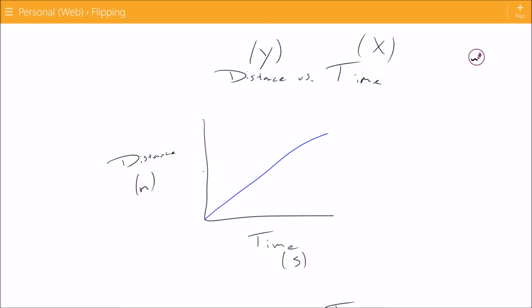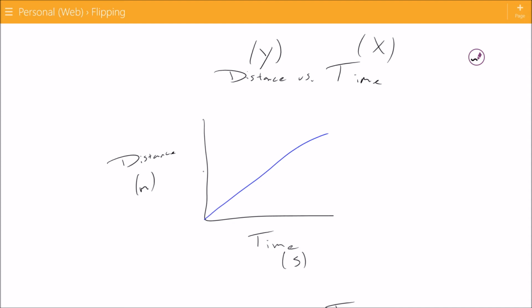What does this line tell us if this is our graph? Well, it looks linear, right? There's no change. So what is the slope here? It's pretty constant.